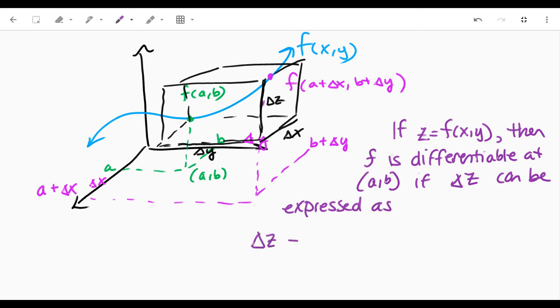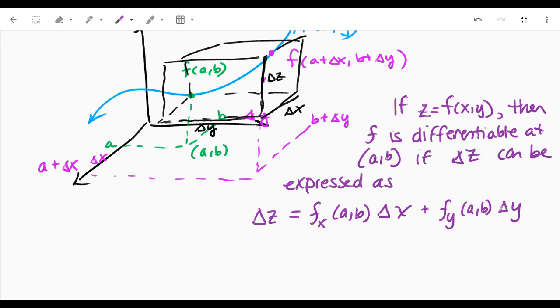delta z equals the partial x at a b times however much you're moving in the x direction, okay, plus the partial y at a b, delta y. And then there's going to be a little bit of an error there, right? Because this is a linear approximation.